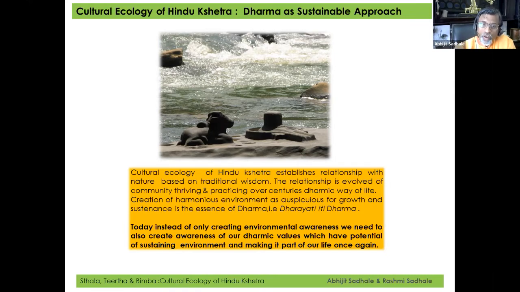So the creation of a harmonious environment conducive for all, auspicious for growth and sustenance for all, is the essence of dharma. Dharayati iti dharma. So I would end by saying that today, instead of only creating environmental awareness, we also need to create awareness of our dharmic values, cultural values, which have the potential of sustaining the environment and making it part of our life once again. Thank you.